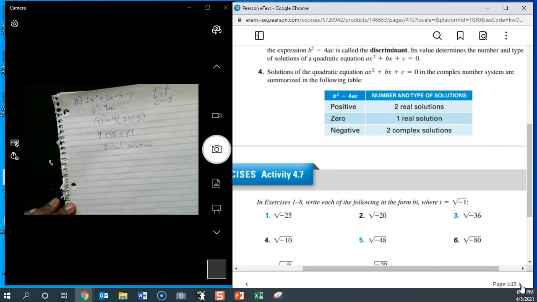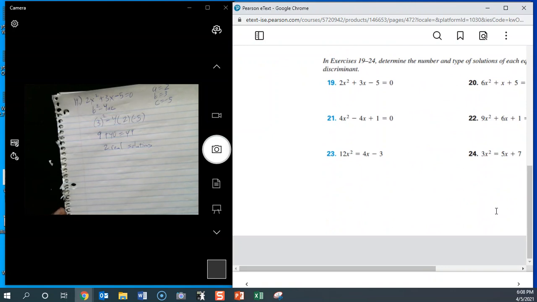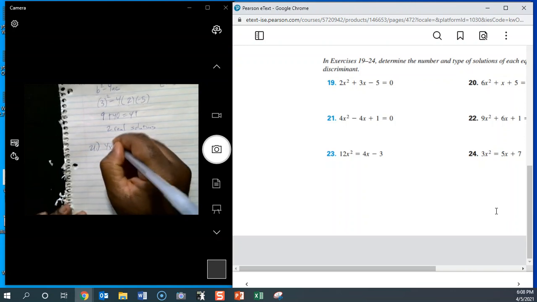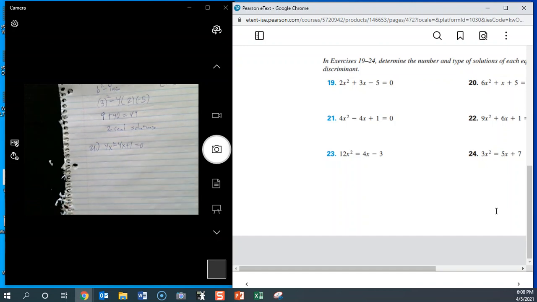Now we move on. Let's go to 21. And then 23 will be our last problem. So it'll be 4x squared minus 4x plus 1 equals 0. Okay? So it's the same thing here. A is 4, B is negative 4, and C is 1.